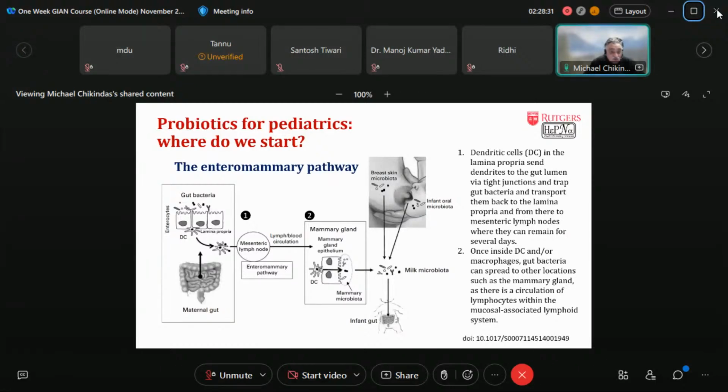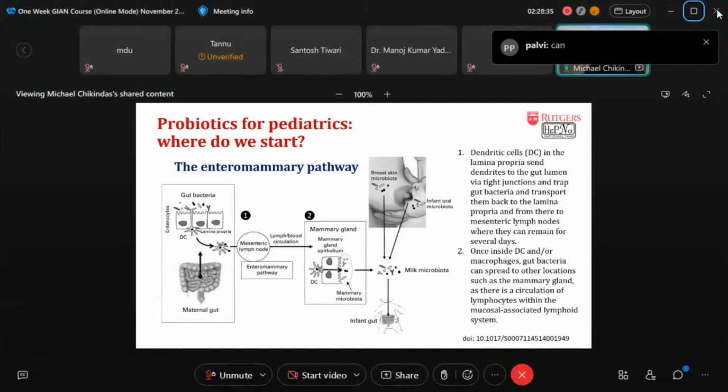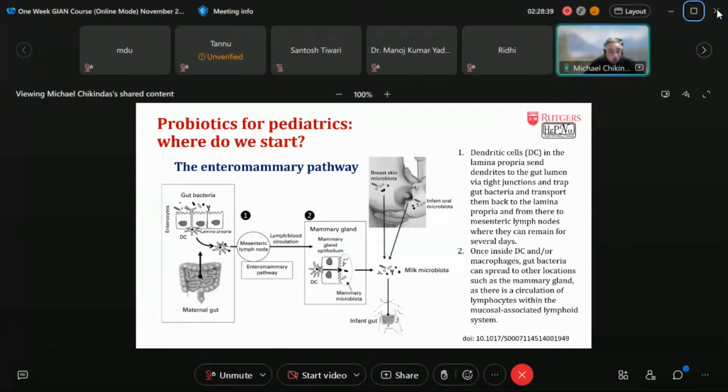So the first microorganisms that the babies are getting are actually microorganisms typical for the gastrointestinal microbiota of the mother. Of course, with the exclusion of many; only those that are transferred can reach the newborn baby.